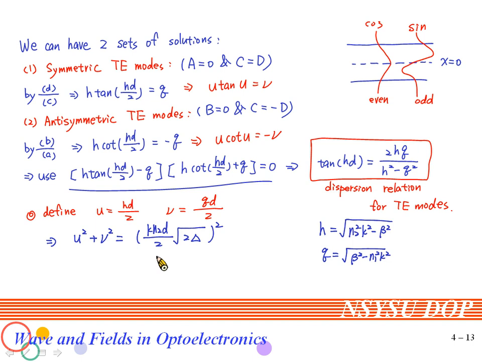Okay? And you can find out that this one is the normalized frequency. So we know that U squared plus V squared will be the square of the normalized frequency. Then we will use the relationship I have shown here to find out the solutions for the TE modes in the following slide.